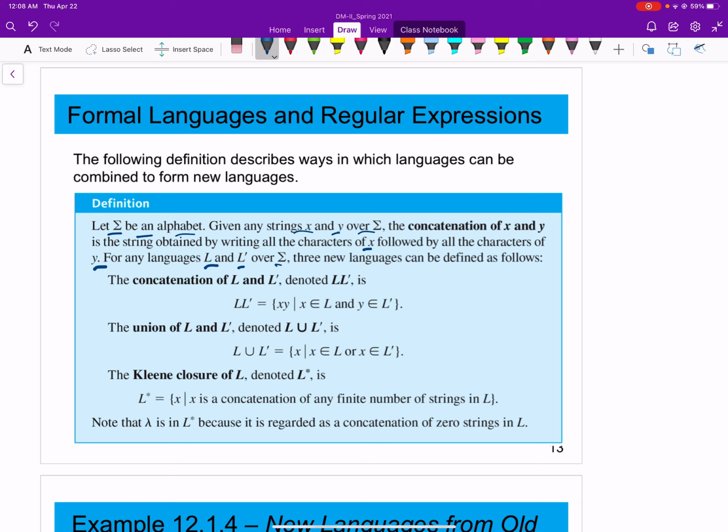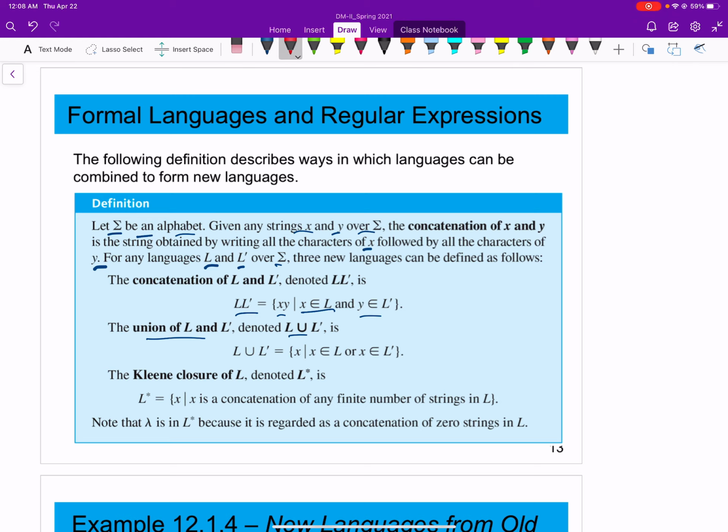The first language is the concatenation of L and L prime, which is given like this: x times y, where x is from L and y is from L prime. And then the union of L and L prime, denoted by L union L prime, which is the set of all elements x such that x is from L or x is from L prime.